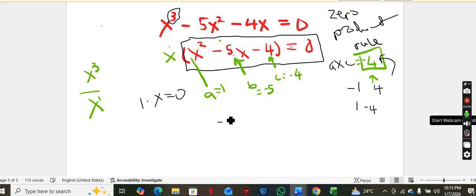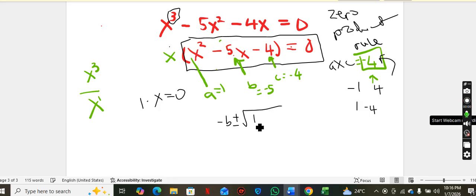Okay, remember the quadratic equation? x equals -b plus or minus the square root of b squared minus 4ac, over 2a.